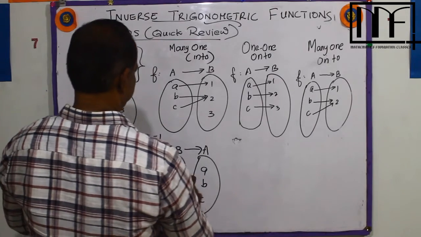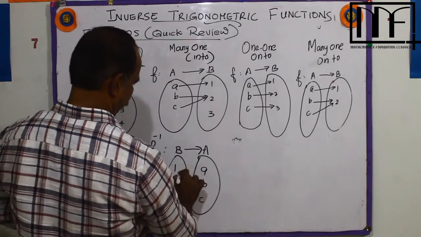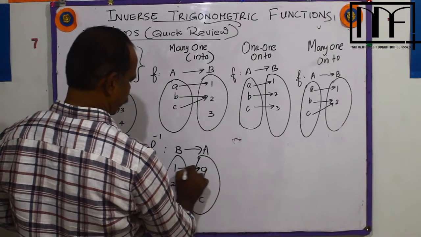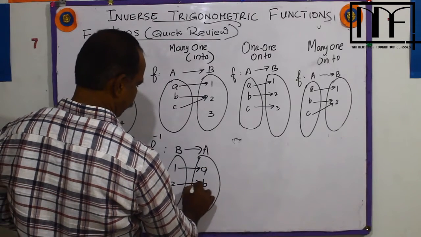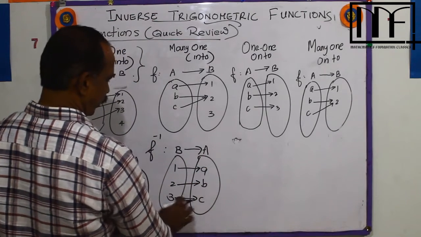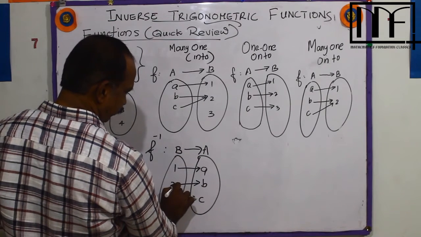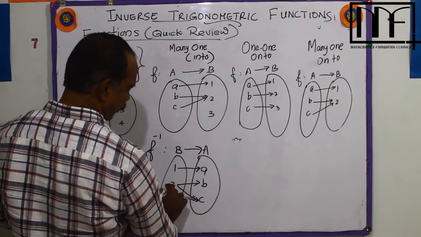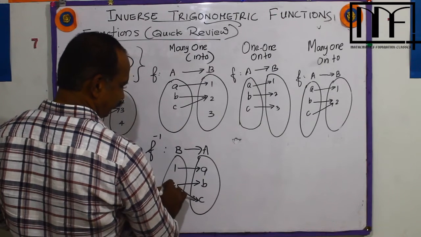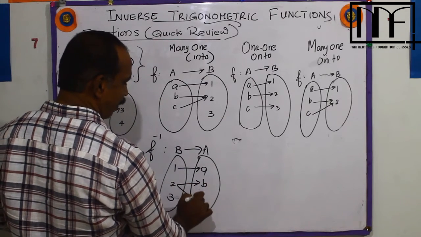Then the connections: 1 is connected to A, the image of 1 is A, 2 and B, and 3 and C. Now look here, 2 and C as well, the image of 2 is B and C.